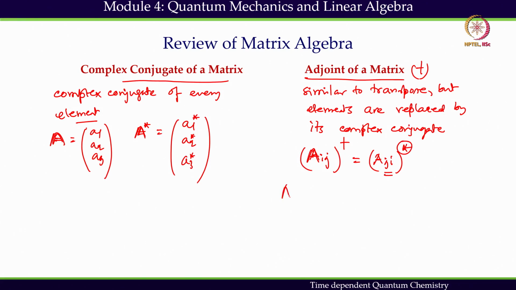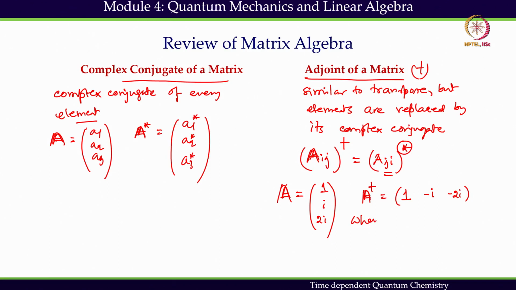So let us say I have a matrix like this: 1, i, 2, i. The adjoint of that matrix would be, first of all we will change the row and column and then we will take the complex conjugate. 1 is real, so there is no difference. i would be minus i now and 2i would be minus 2i.